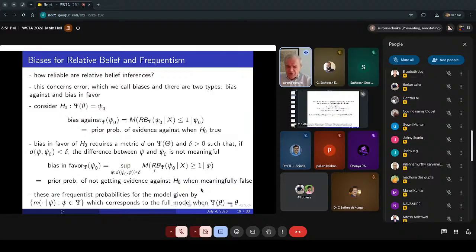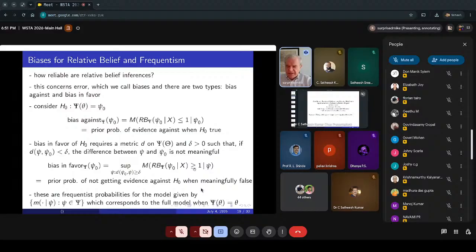Also, we get the bias in favor, which, I won't go into the details here, is basically the probability of getting evidence in favor of values that are false. So psi naught is false, and it's meaningfully false. The difference between psi and psi naught is bigger than some delta that I've determined measures whether two values are meaningfully different or not in this application.